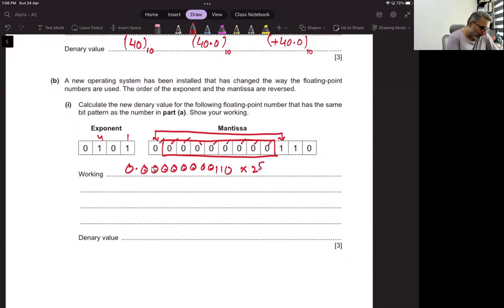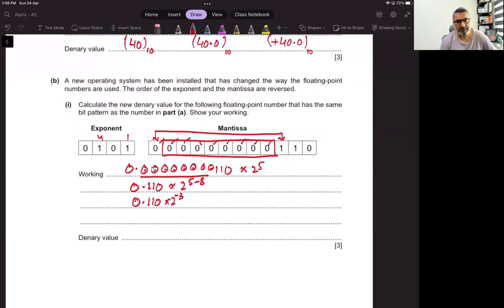Okay, so we have to remove these 8 zeros. So this will become 0.110 into 2 to the power 5 minus 8. So this will make it minus 3. All right, so this will be 0.110 into 2 to the power minus 3.